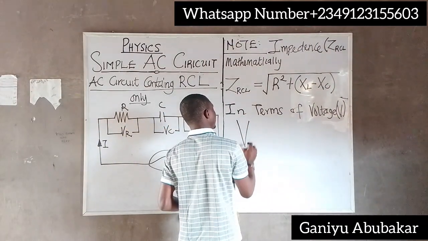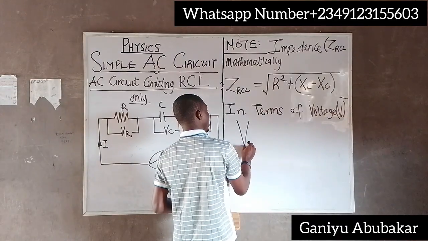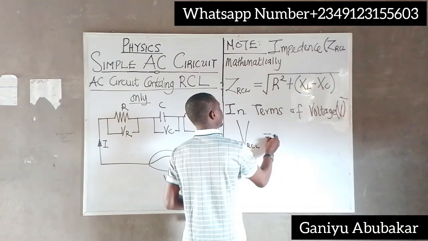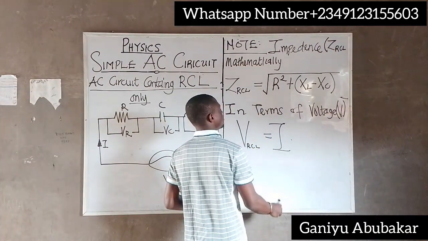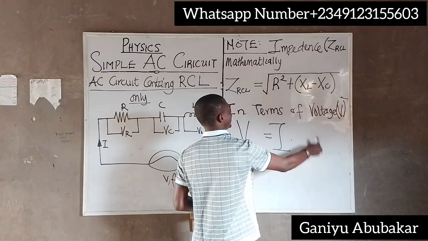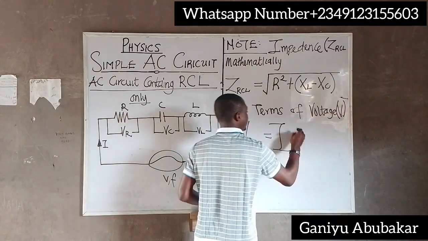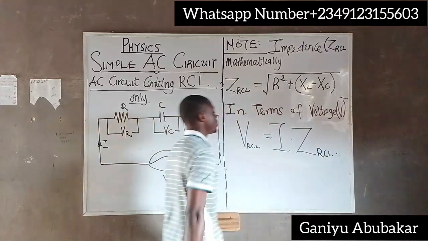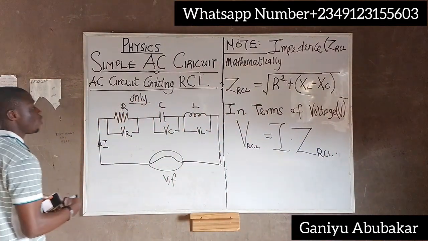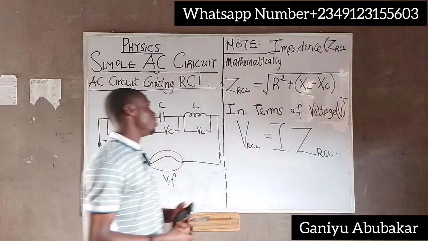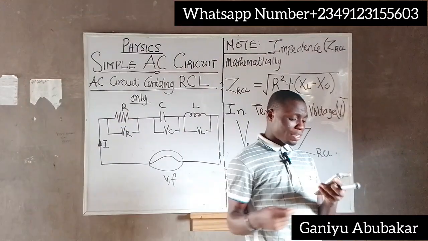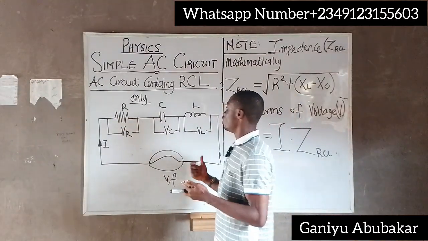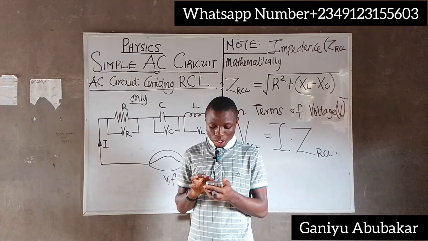That becomes V_RCL equals I times the impedance, Z_RCL. This is your voltage when it comes to a circuit containing resistor, capacitor, and inductor only.